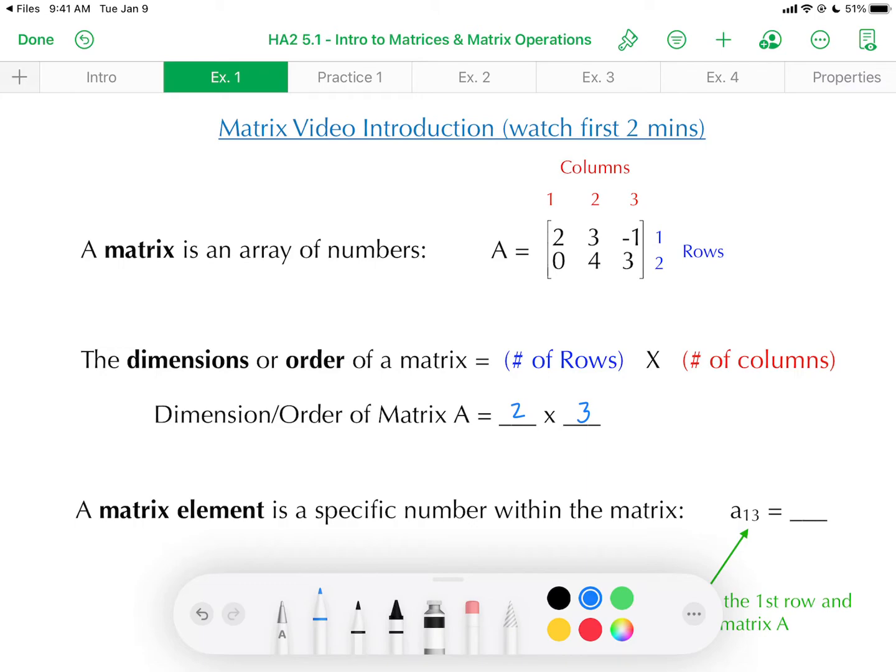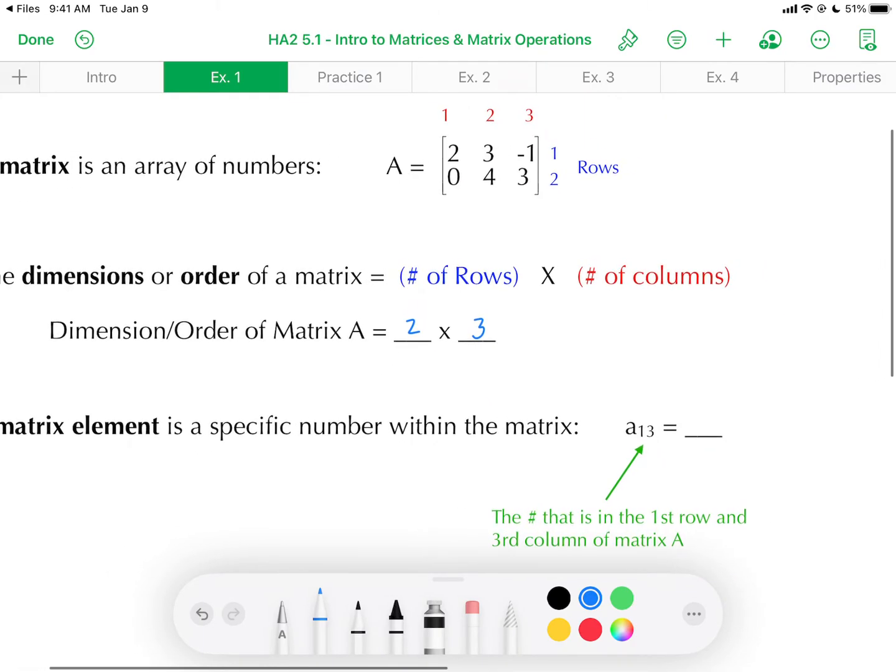Okay? Now again, matrix elements are specific numbers within the matrix. So if I want to locate a specific element within the matrix, each element's represented by a lowercase letter. So if the overall matrix is capital letter A, then I would use a lowercase a to represent my different matrix elements. Okay?